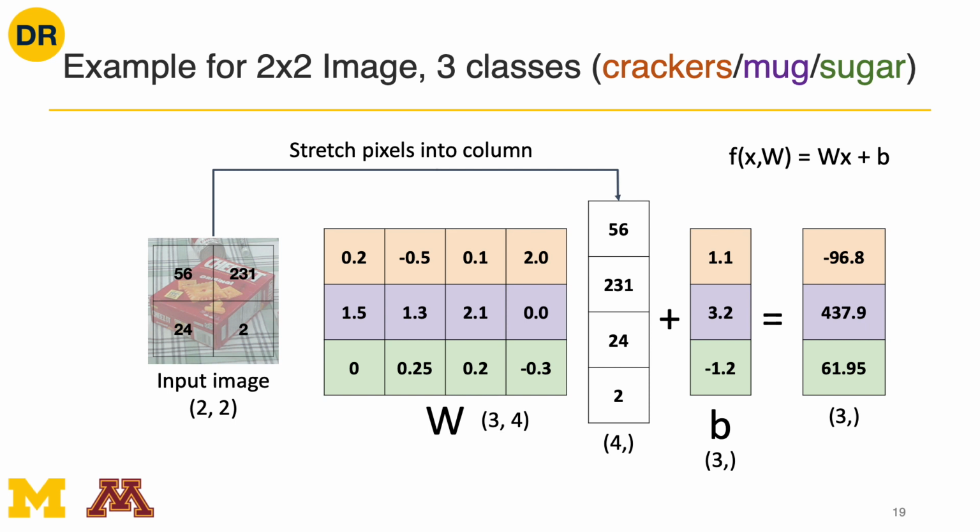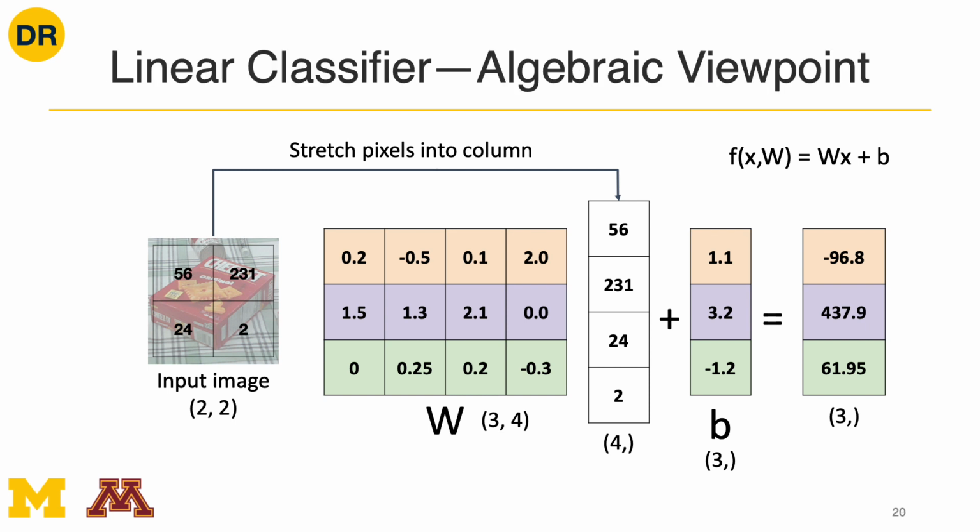So the first approach that we can try to build some intuition about the linear classifier that we have here is to think about this function from the algebraic viewpoint.